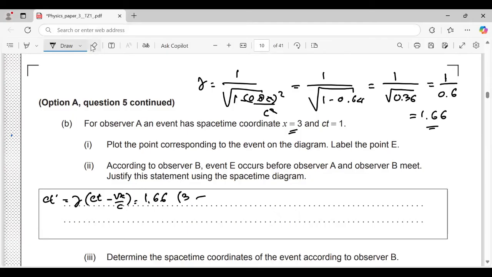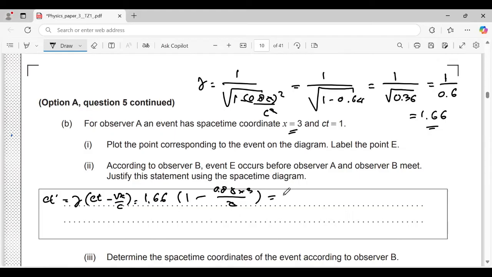So it's supposed to be 1, because this is 1, ct equals 1, 1 minus phi x, which is 0.8c times 3 over c.